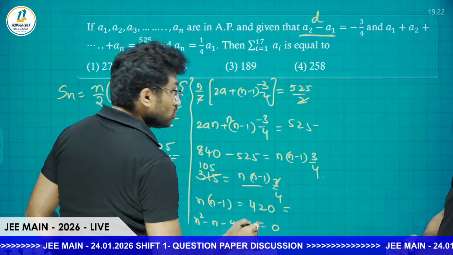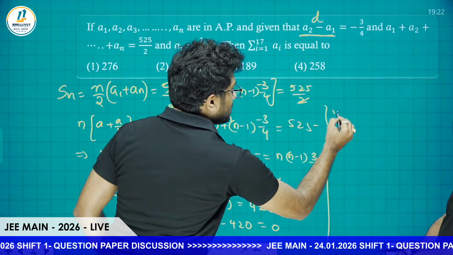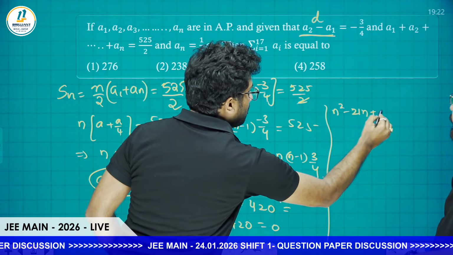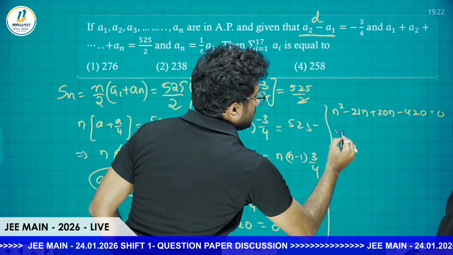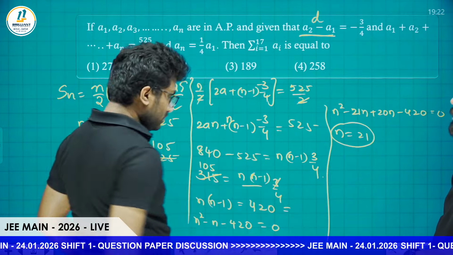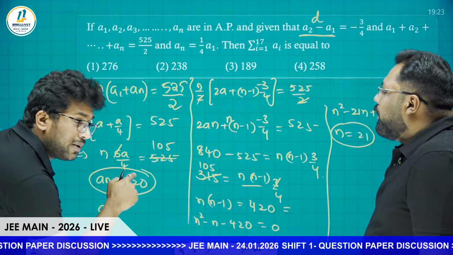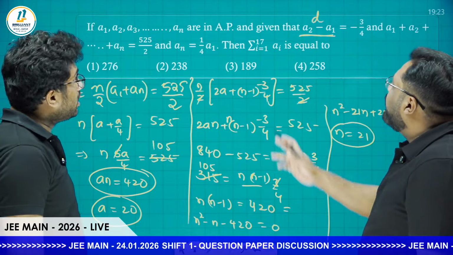So 20 and 21. That becomes N squared minus 21N plus 20N minus 420 is equal to 0. So N is equal to 21. Now N is equal to 21, A will be 420 by 21, which is 20. A is equal to 20, N is 21.